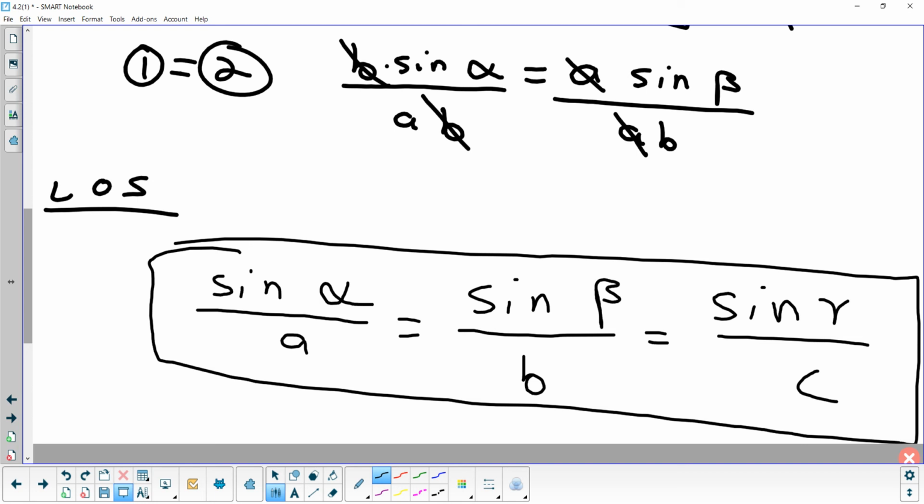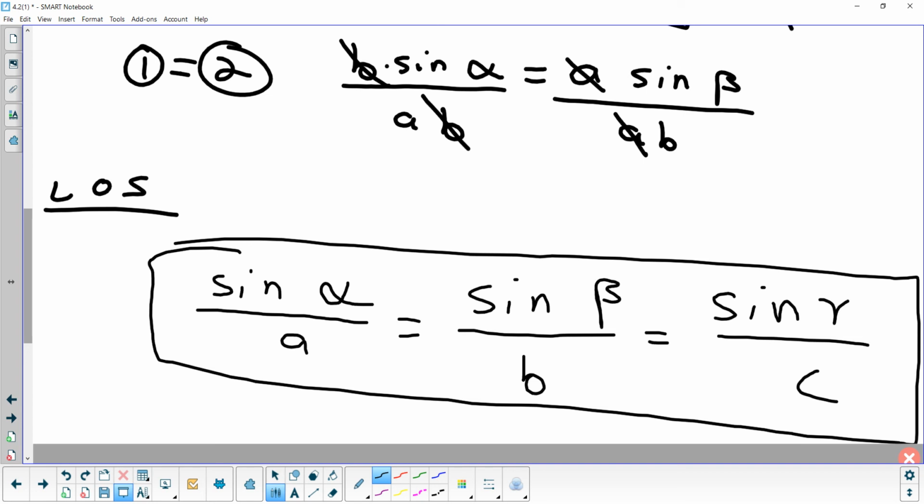So I consider that basically to have three parts. Whenever we're solving a problem, we're only going to use two parts at a time. Which two parts depends on what we're solving and what we were given. We might use the first two parts, we might use the last two, or we might use the first one and set it equal to the last one. But they're all equal to each other, all three of those fractions.